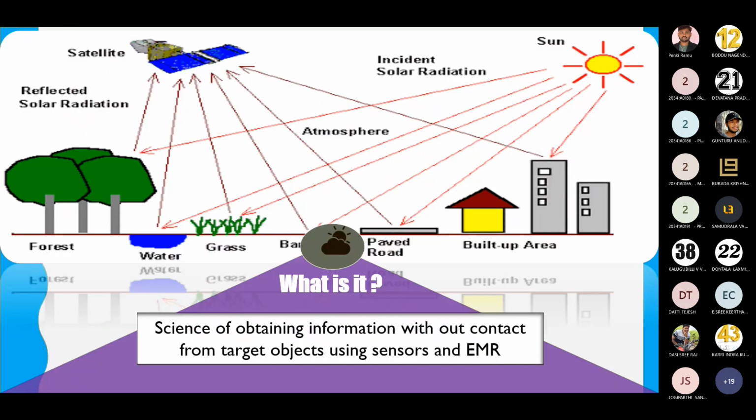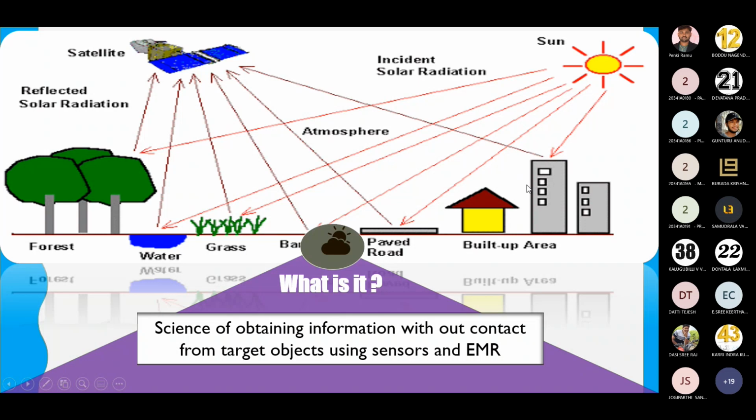As you can see from this picture, the sun is a natural source of energy, and energy propagates in all directions from the sun. While it is propagating, it will interact with different components of the atmosphere as well as the Earth surface.